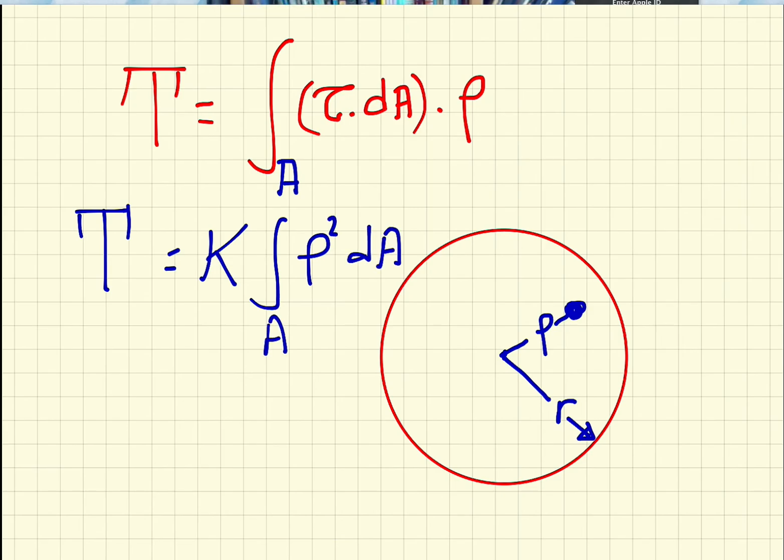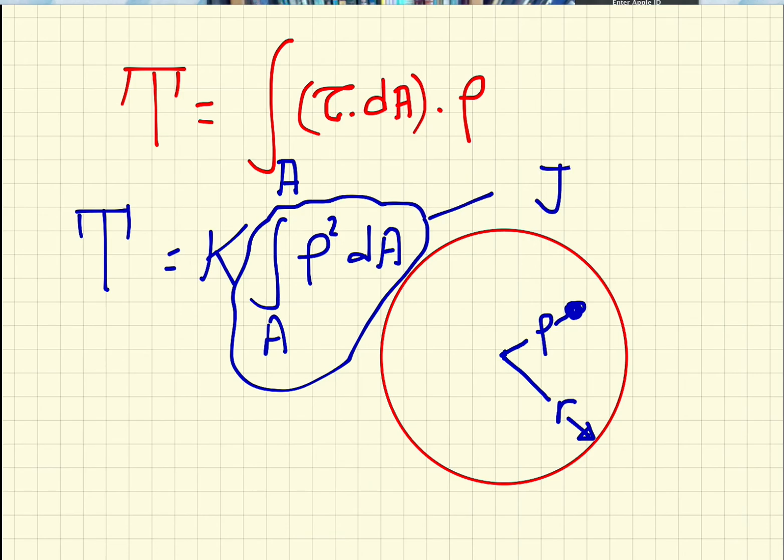This kind of integration is an area integral, and this is called J, the polar moment of inertia, or second moment of area, polar moment of area.